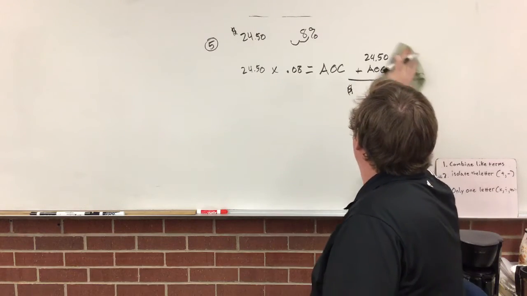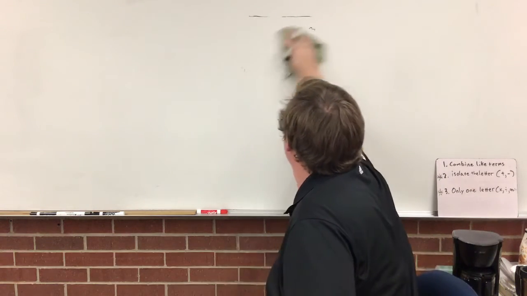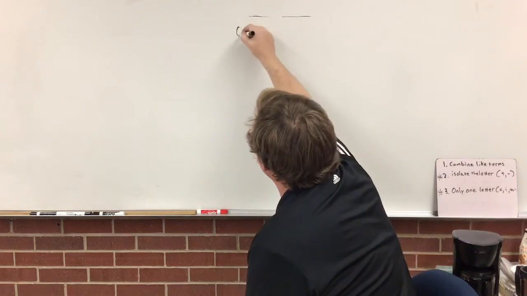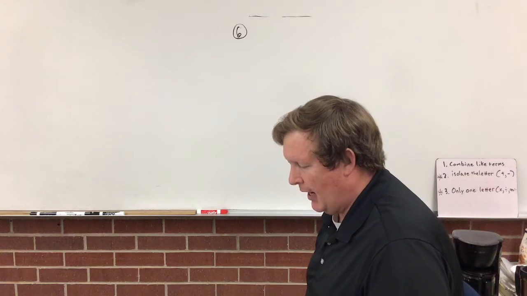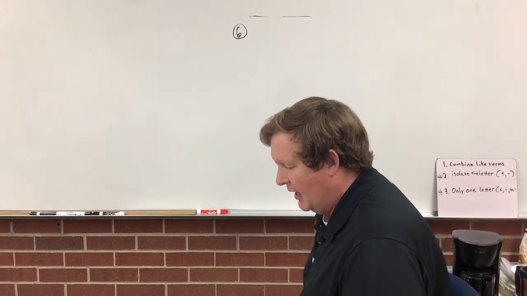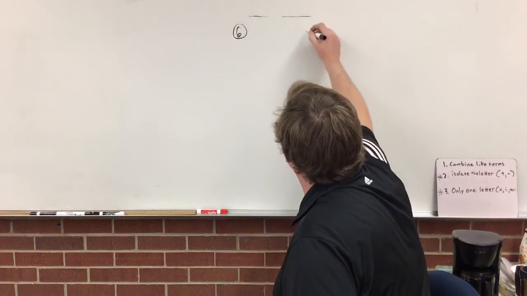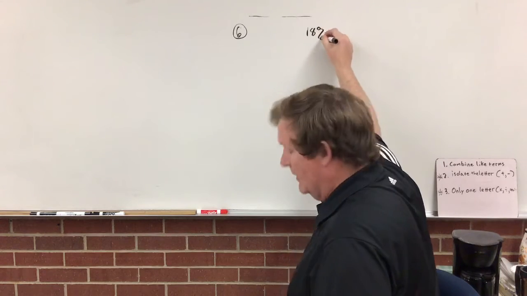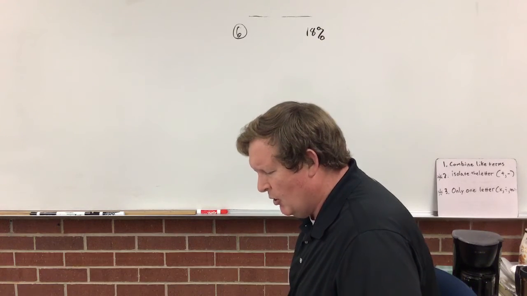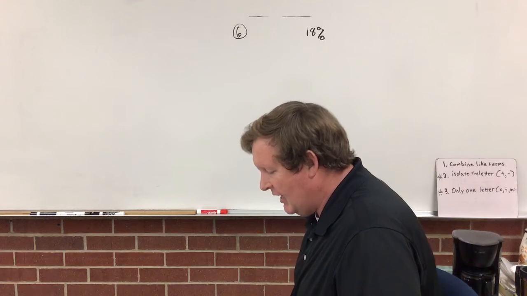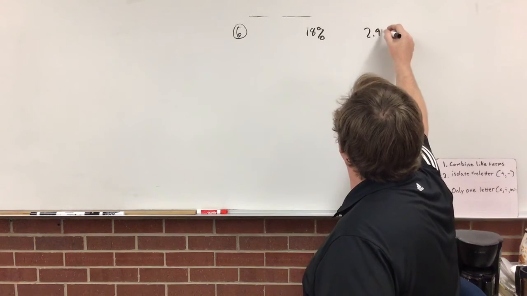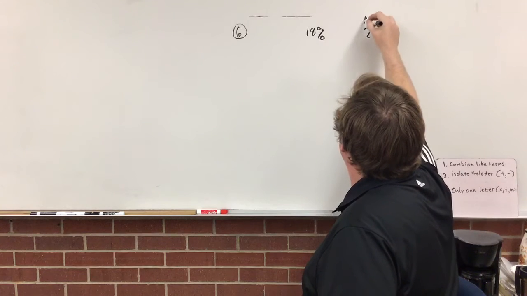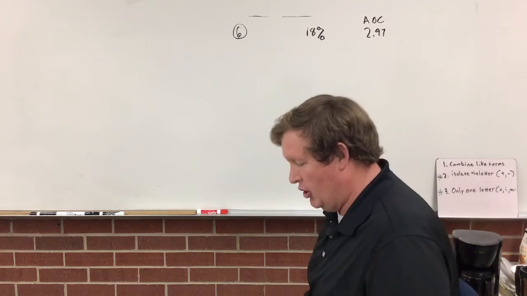Pause. Here we go. Number 6. A department store has a sale on gloves. The sale price is 18% less than the original price, resulting in a savings of $2.97. Okay, this is our amount of change here.